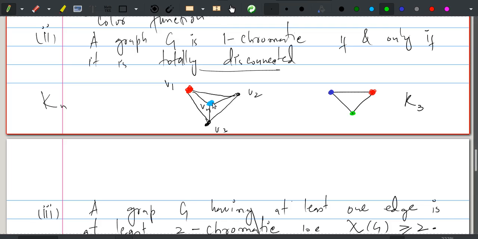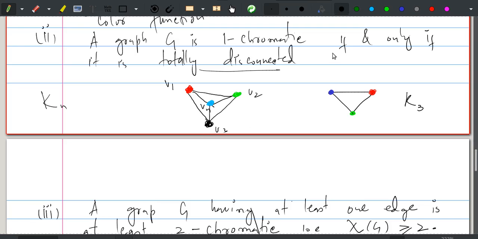We cannot use these two colors because v2 is adjacent to both these vertices. So let us choose this green color here. Now we are left with v3. Since v3 is adjacent to v1, v4 and v2, we have to pick a different color to paint this vertex. So let us paint this vertex with black color.